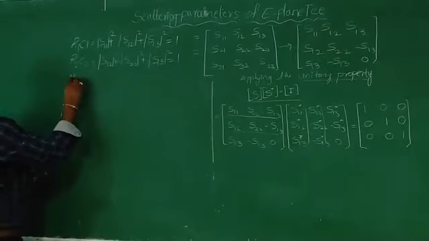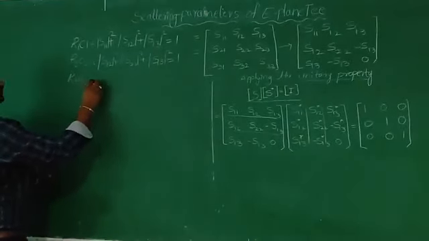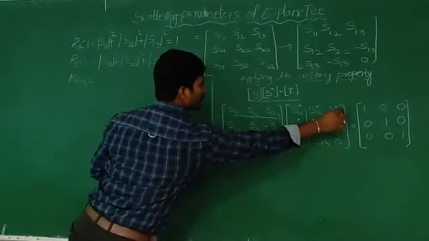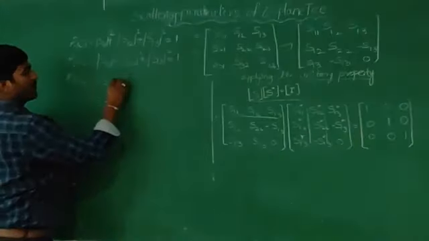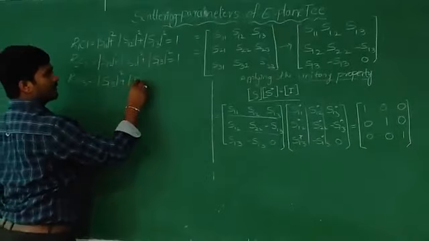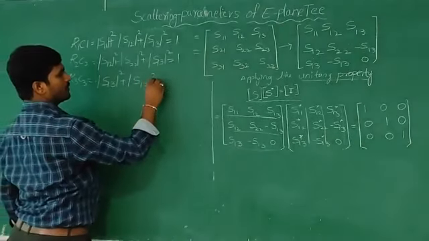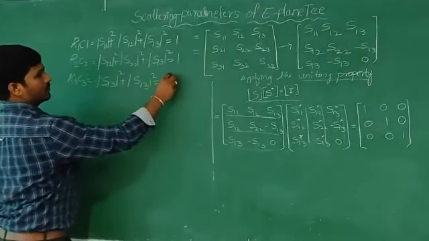As this R3 C3 is equals to modulus of S13 square plus S13 square equal to 1.